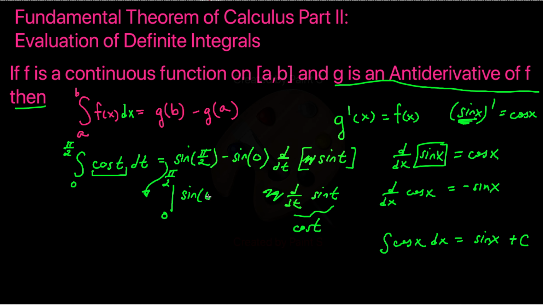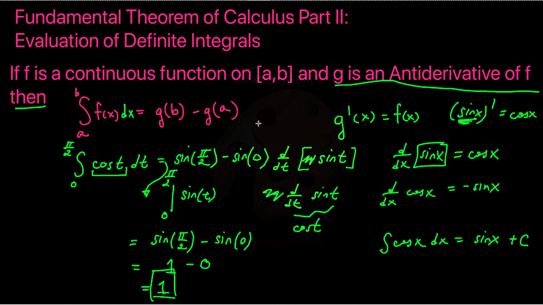I say sine of t is my antiderivative, and then I plug in the top bound, sine of pi over 2, minus sine of 0, the lower bound. Sine of pi over 2 is 1, minus sine of 0 is 0. And I get 1 for my answer, and I'm done here.